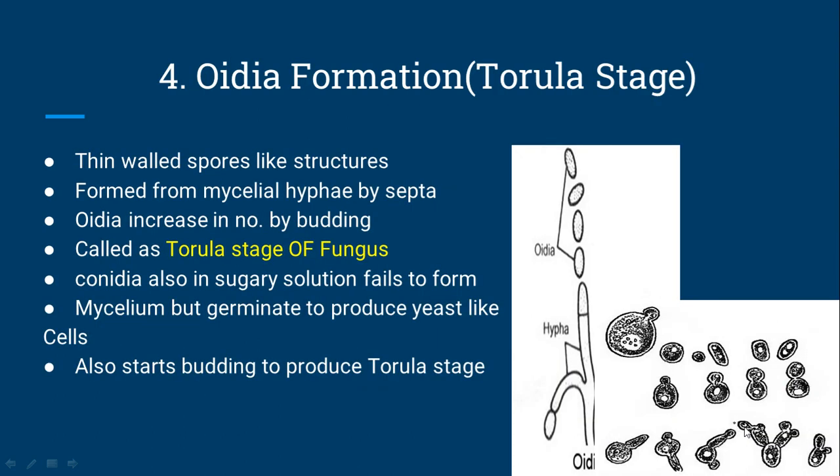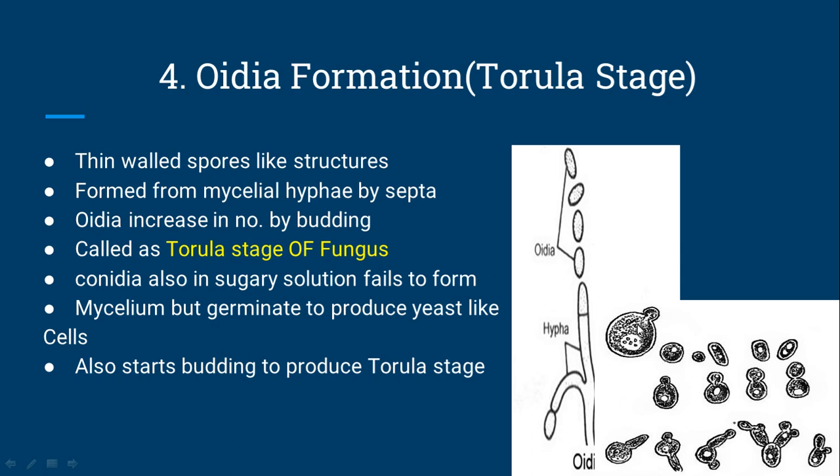Now the next, asexual reproduction by oidia formation, which is responsible for the torula condition in Penicillium. What are oidia? These are thin-walled spore-like structures. Now here this is the mycelium hyphae. And how are these oidia-like structures formed? They are formed from the hyphae by the formation of additional septa. Due to these septa, non-motile spores are pinched off from the hypha.